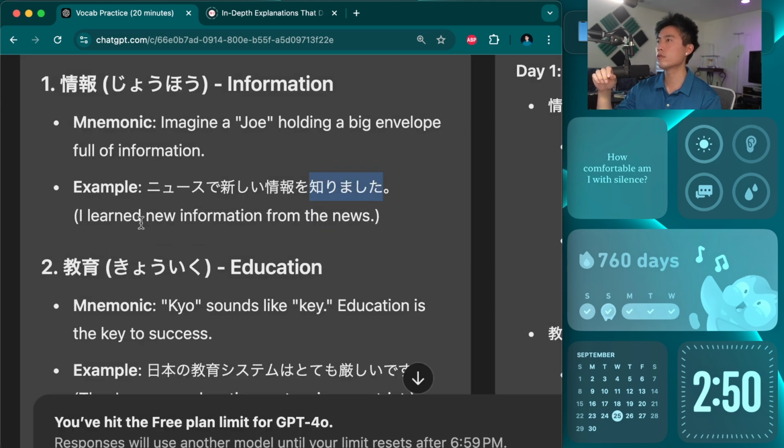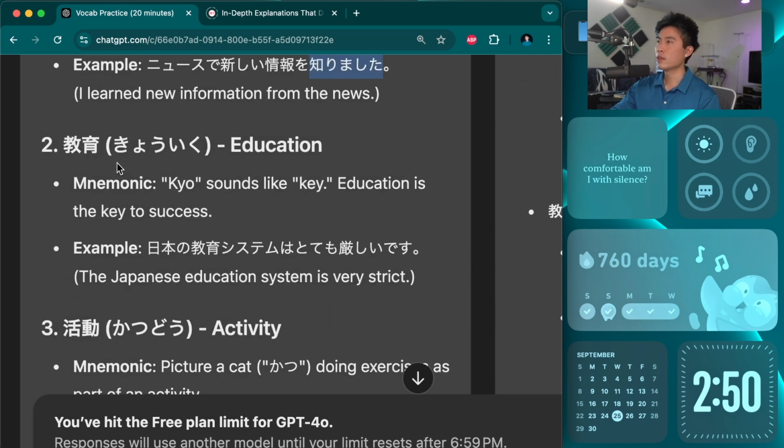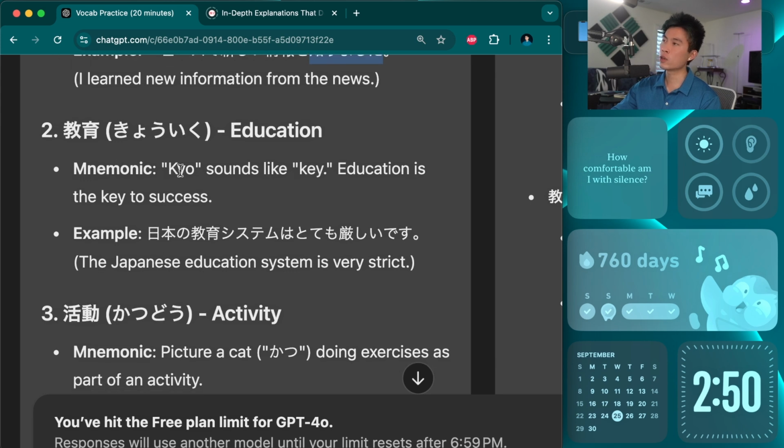情報 sort of sounds like information to me, so I think I'll have an easy time remembering it. 教育 does not sound like education to me, so let's see. 教 sounds like key. Education is key to success. There's so many things that involve this word 教 though. 日本語の教育 I always mix up to with she.